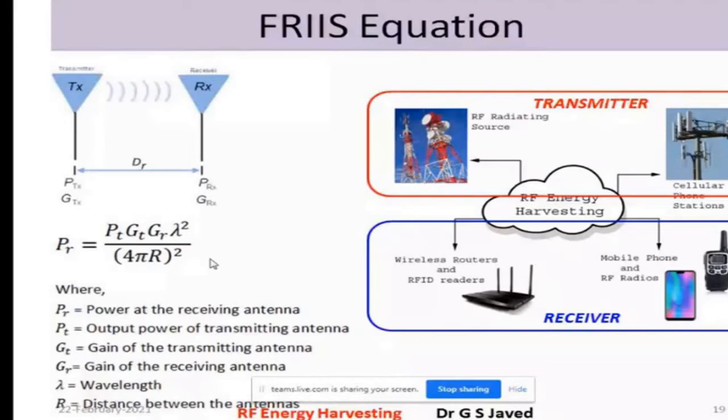receivers. On the left hand side, you will see there is a transmitter and a receiver separated by a distance dr. The power transmitted is PTX and the power received is PRX. And the gain factors of the TX and the RX antennas are given as GTX and GRX.